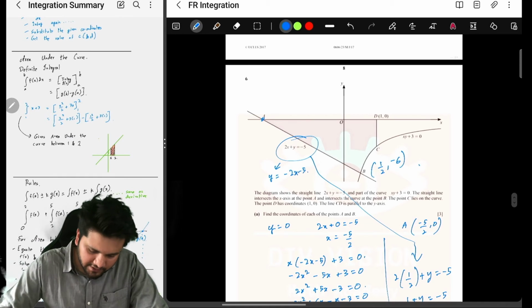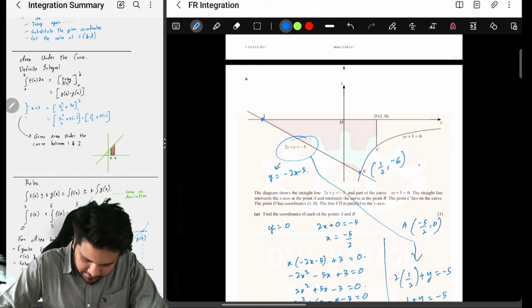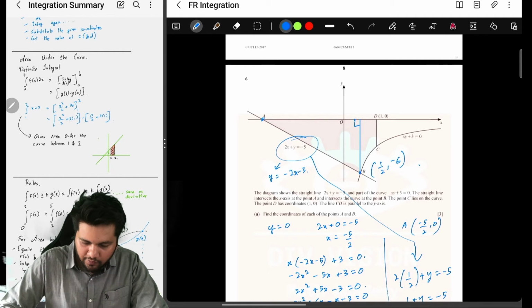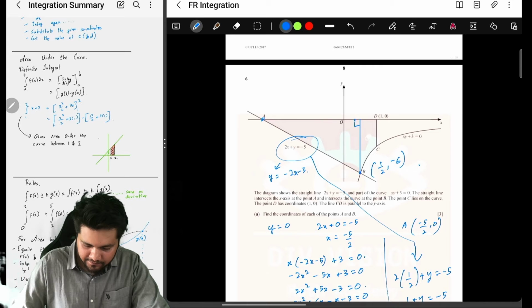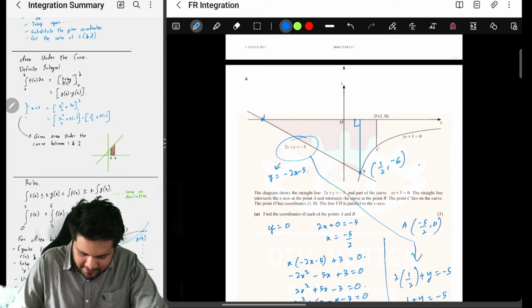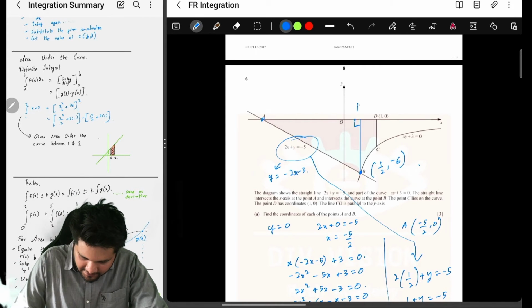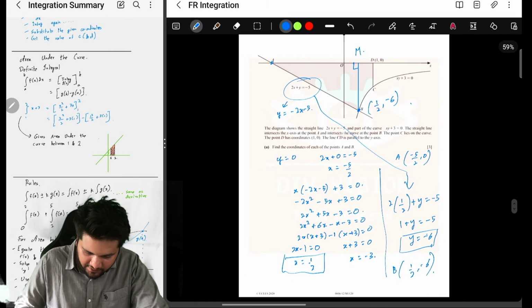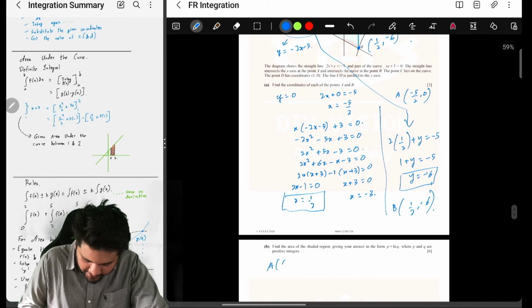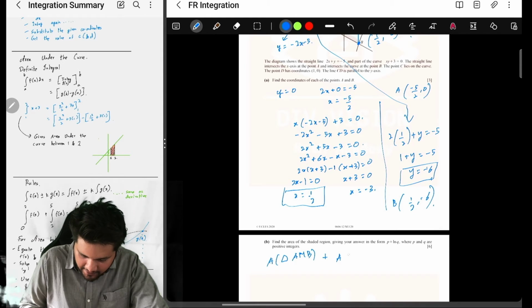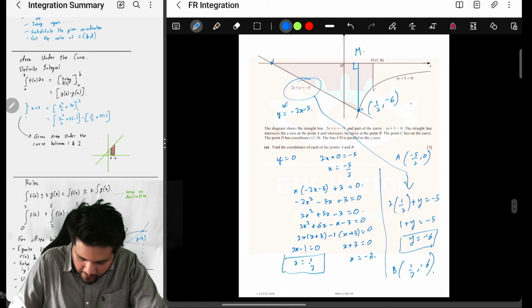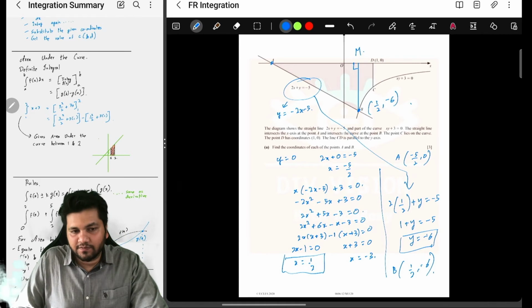For that, we'll just make an additional construction like this. Now we'll divide the shape into two parts. One would be this region and the other one would be this region. For this region, it is very easy. Let me consider this thing as A and B. At the end of the day, we need the area of triangle AMB, which is a right angle triangle AMB, plus the area under the curve BC with respect to this thing.